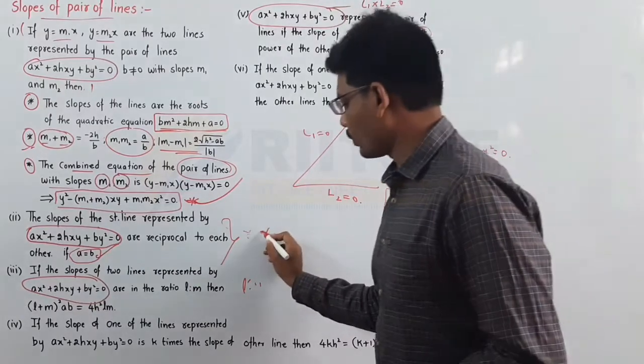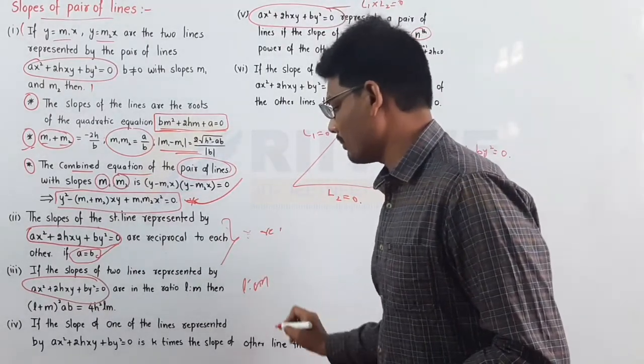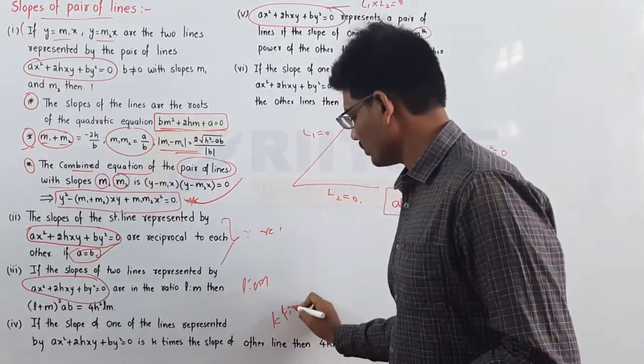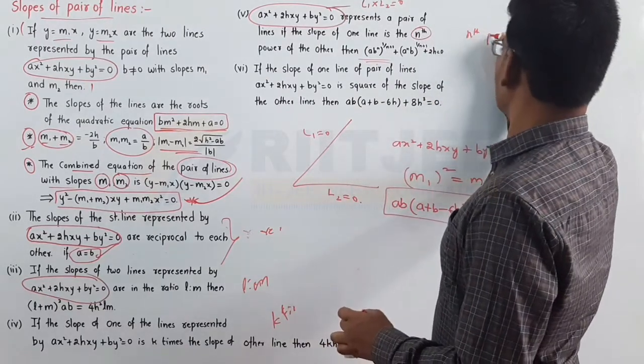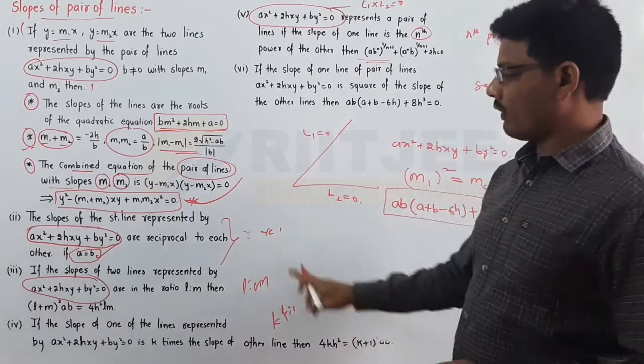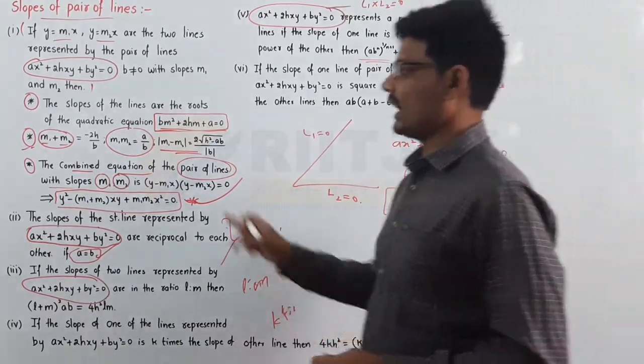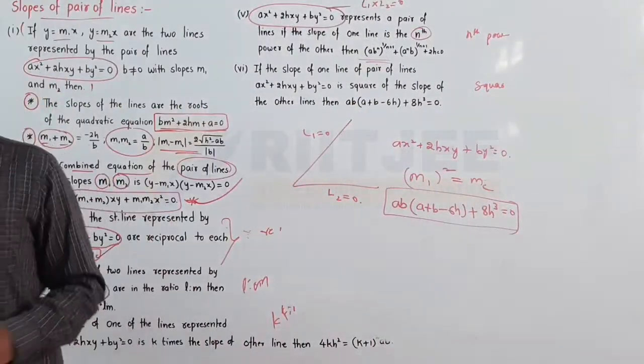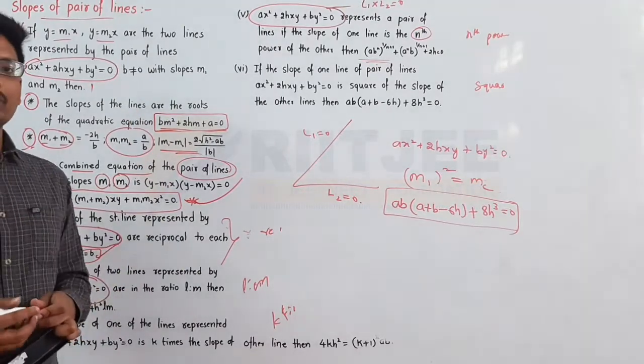Here we have 5 points for the slope of the lines, and this is the condition for the quadratic equation of slope of lines here.